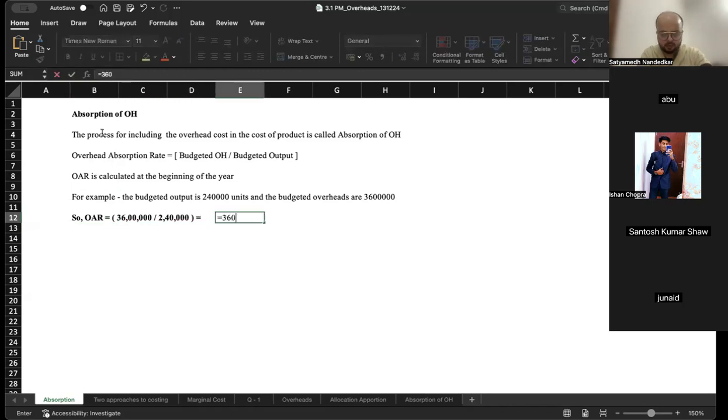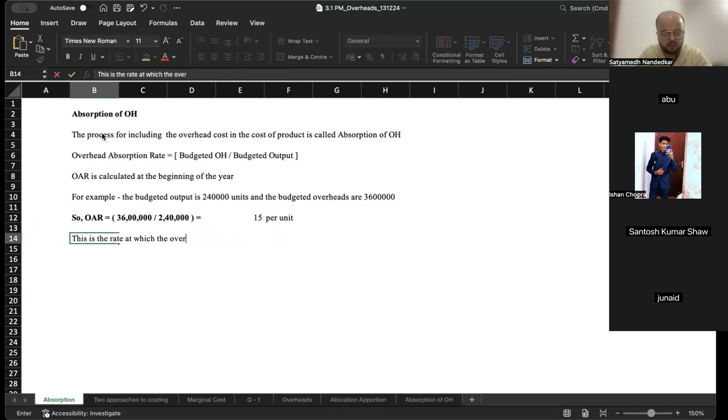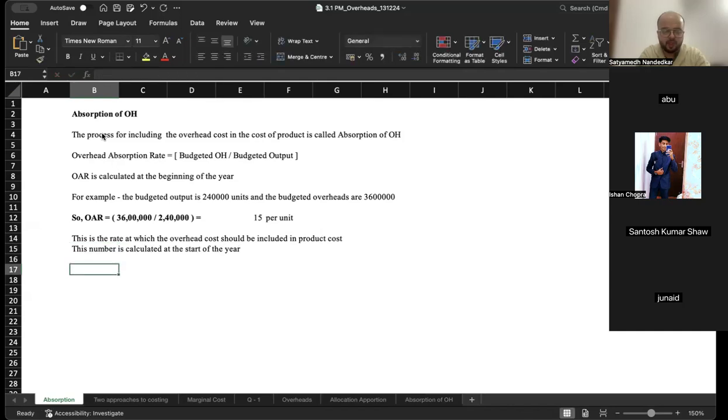What will that give you? It will give me a number of 15 per unit. So this is the rate at which the overhead cost should be included in the product cost, and this number is calculated at the start of the year.